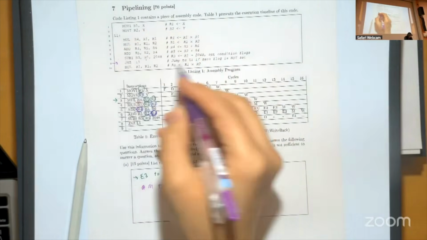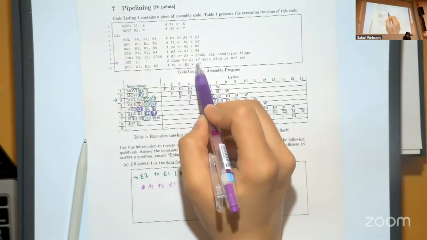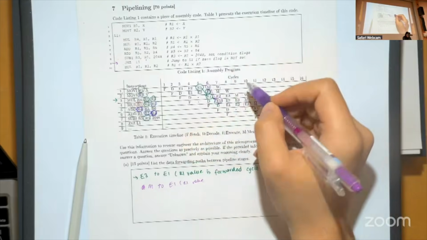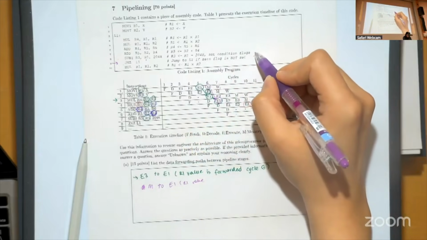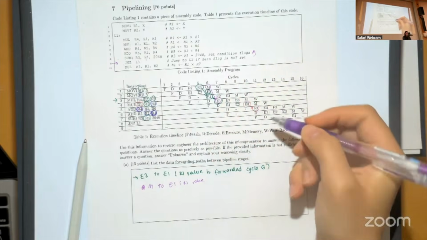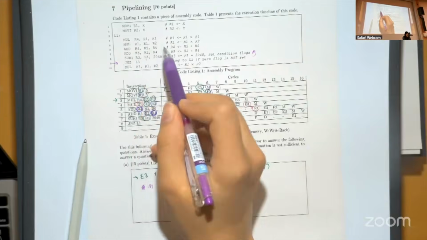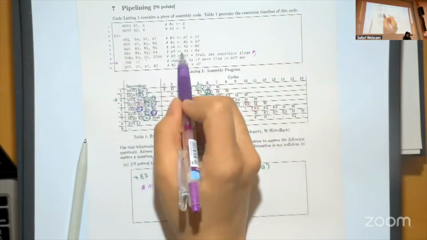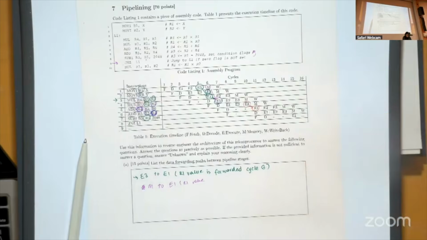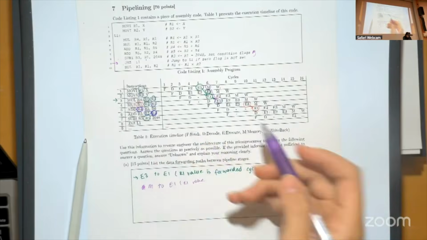This jump instruction jumps to the label L1 if the zero flag is not set. And you can see that the previous instruction sets this condition flag. So it depends on the result that is written to R3, or basically the result of this computation.